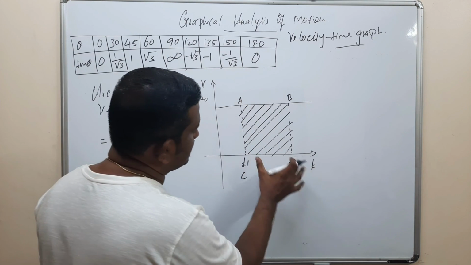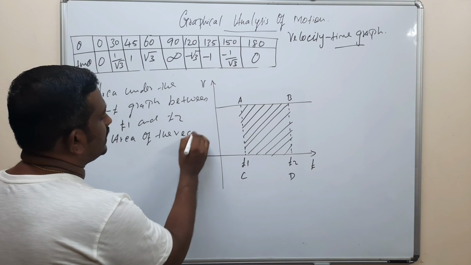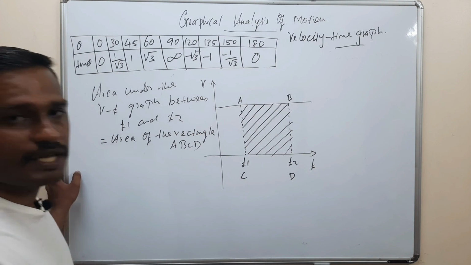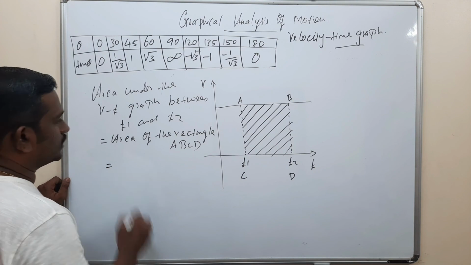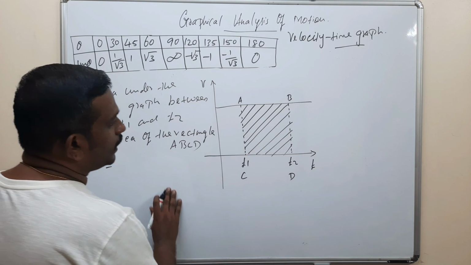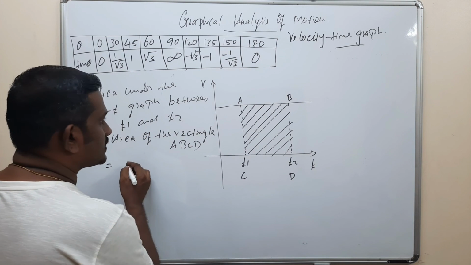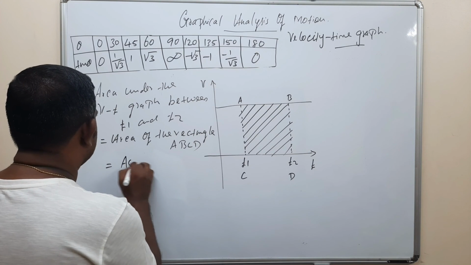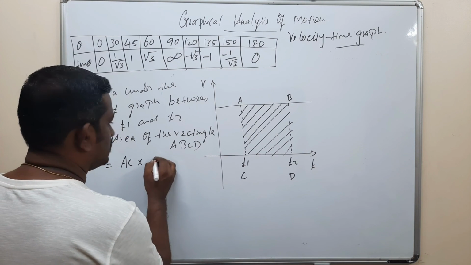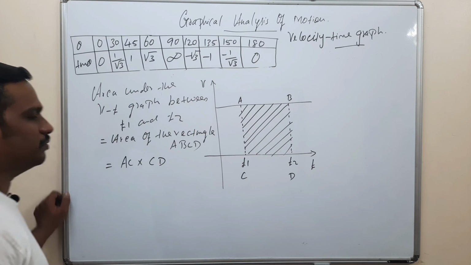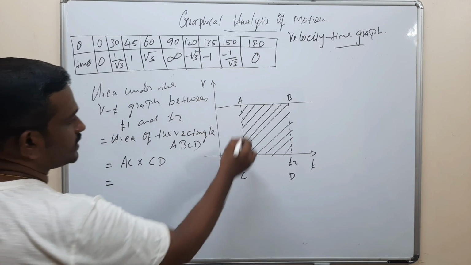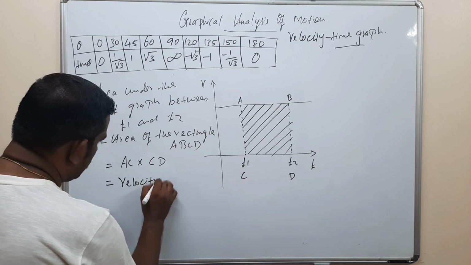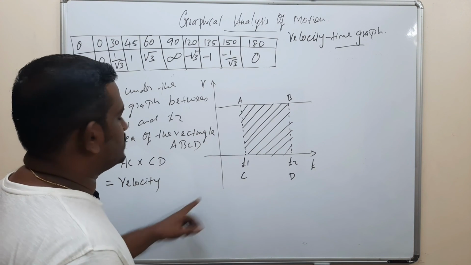Area of the rectangle ABCD. Clear? The area of the rectangle is length into breadth, that is AC into CD. What is AC? That is velocity. What is CD?